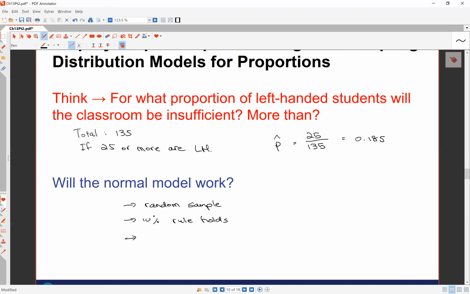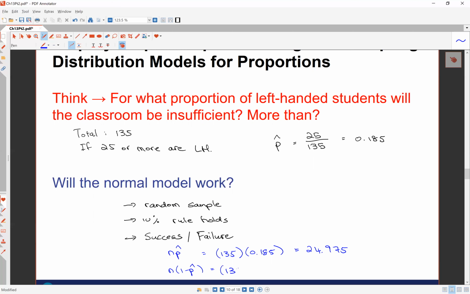And finally, I want to check my success-failure condition. This is where the math comes in again. I have those two formulas, n times p hat and n times 1 minus p hat. So 135 times 0.185 gives me 24.975.